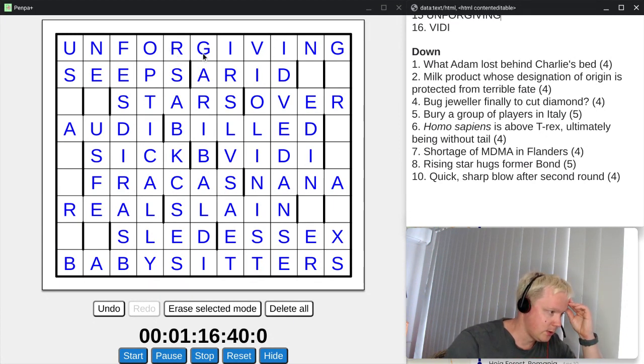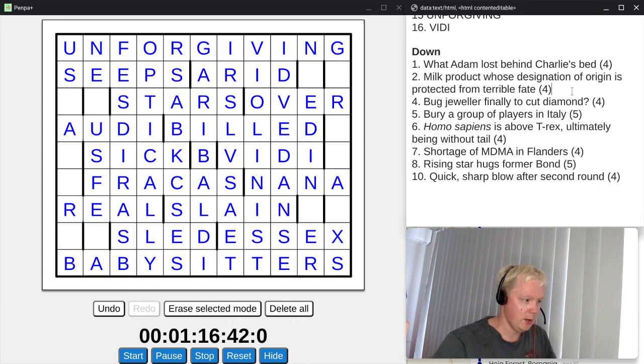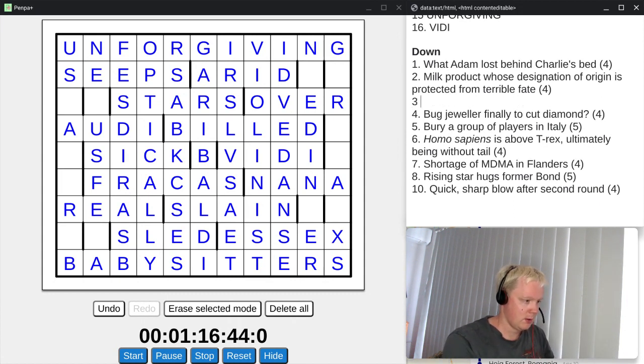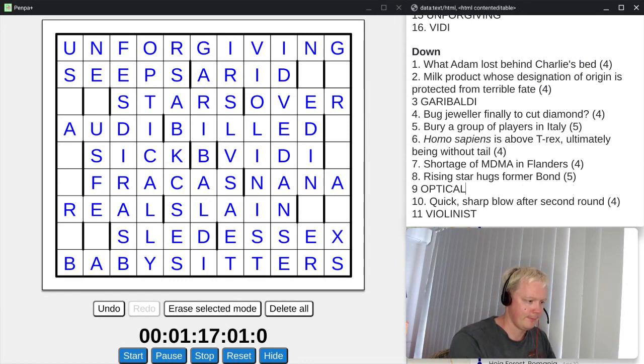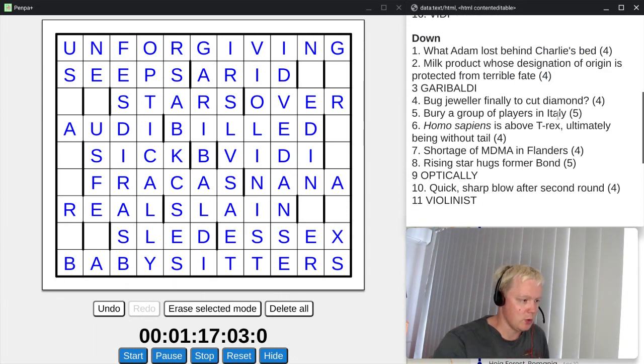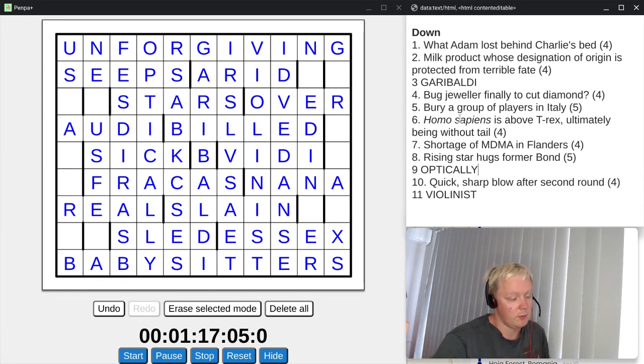So we had Garibaldi, which was here. Then we had violinist was the 11, wasn't it? Yes. And then the 9 must have been optically. Yeah, okay. I'm going to put these back in so that we can use the alphabetical order.